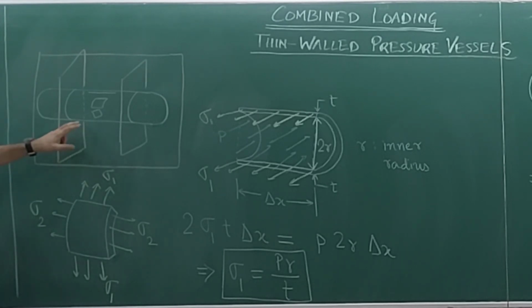In this thin walled pressure vessel, instead of a stress element aligned nicely with the z and theta direction, I take an element which is slightly rotated. Then on the edges of that element, are you going to get only normal stresses, or shear stresses also? You will get shear stress.